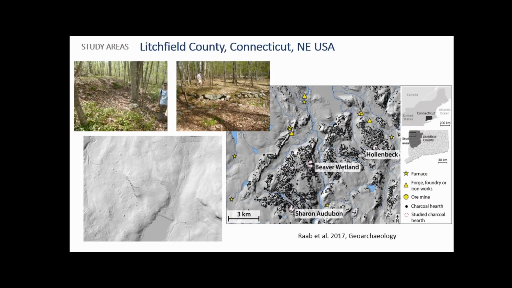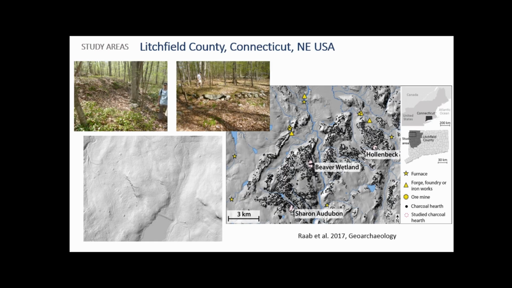We also moved to a study region in the northeastern USA, where we also have quite heterogeneous surface morphology, but we have a very well-defined history of charcoal and iron production. Iron production began only in the 18th century, peaked in the middle of the 19th century, and came to an end shortly afterwards.